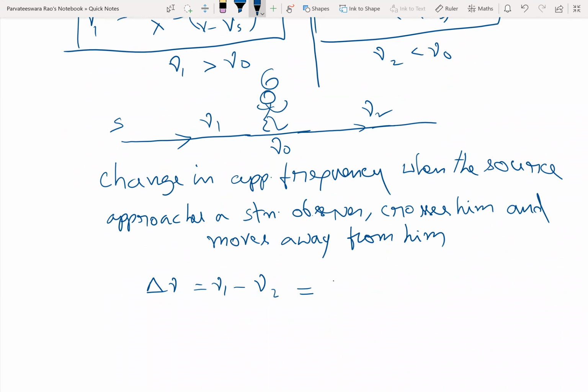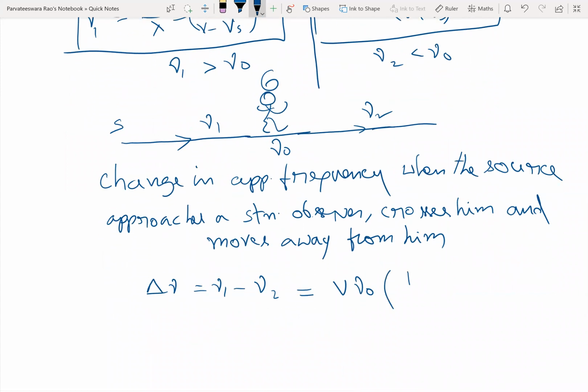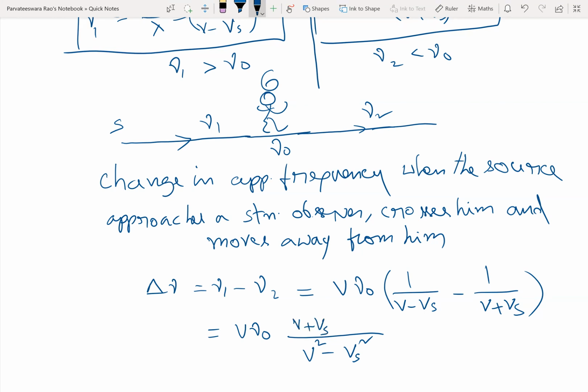So V nu naught is common: 1 by V minus Vs minus 1 by V plus Vs. So this is V into nu naught, V square minus Vs square, and this is V plus Vs minus V plus Vs.